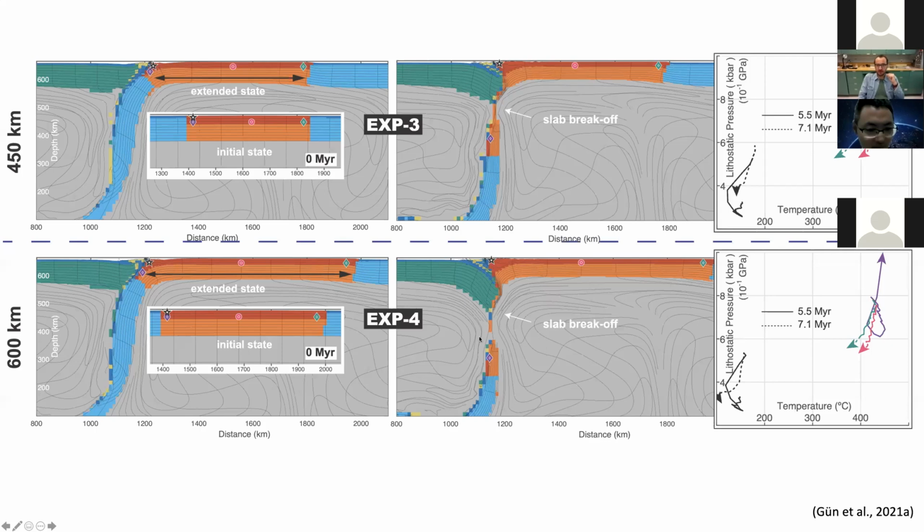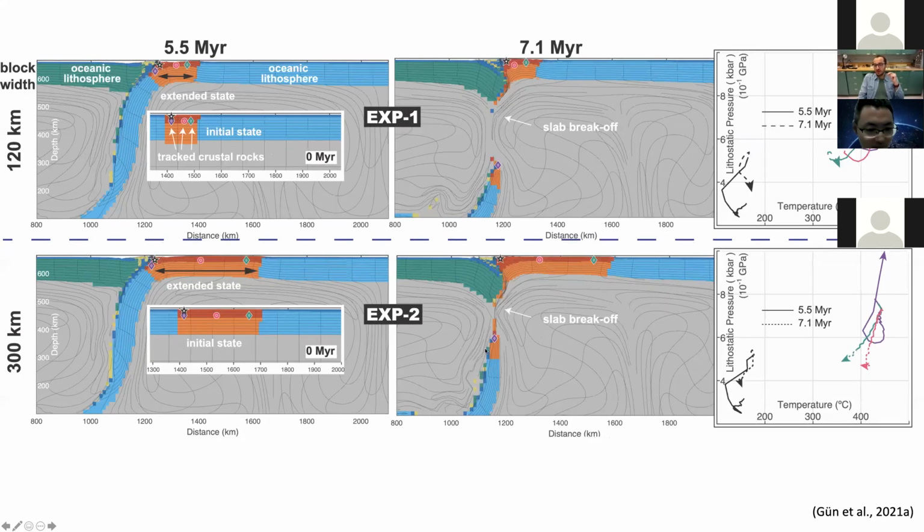Again, the same thing is happening here too. You see the tip of the microcontinent is breaking up and subducting. This is also interesting because these rocks here are continental in origin. They are subducting into the very deep part of the asthenosphere.